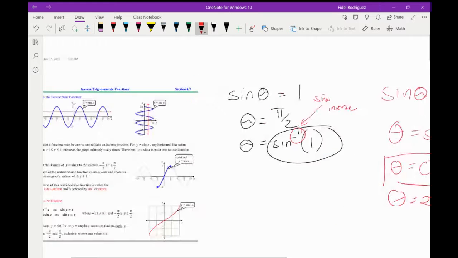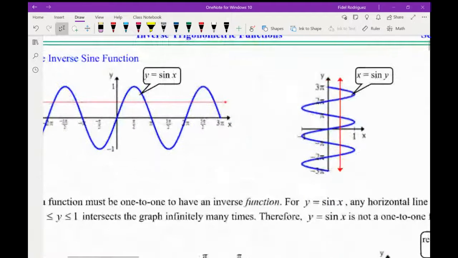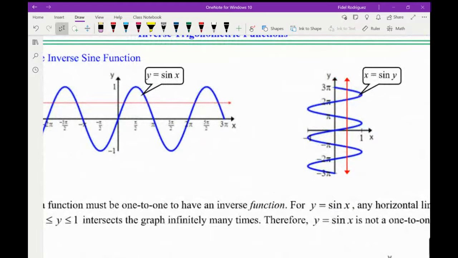And guys, I want you to see something else. Wouldn't pi have also been an answer, because the sine of pi is also 0? That's why I'm looking at my picture, right?